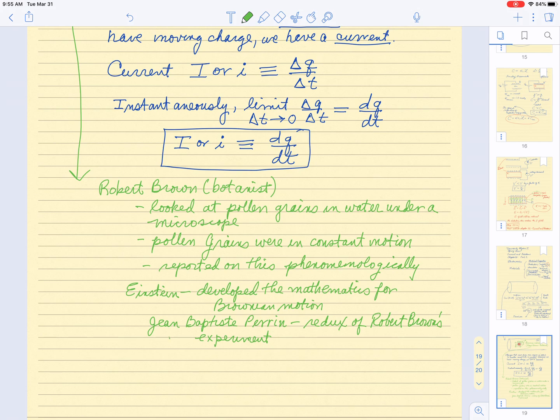And it was actually among the first experiments that provided evidence for the atomic picture of matter.